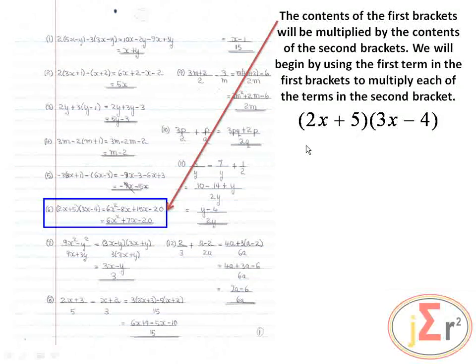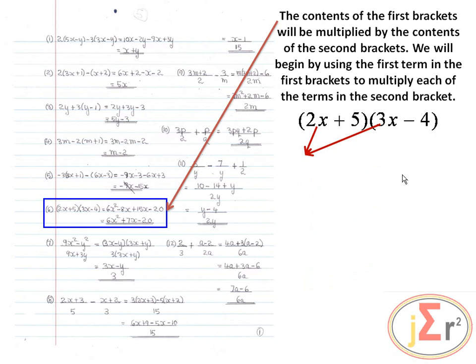This one requires that we multiply this by all of this. What do we do? We take this to multiply this and this. Then we take this to multiply this and this, and we will demonstrate.